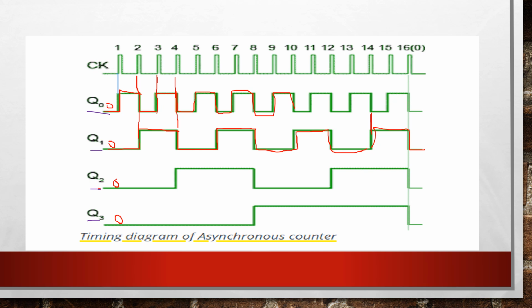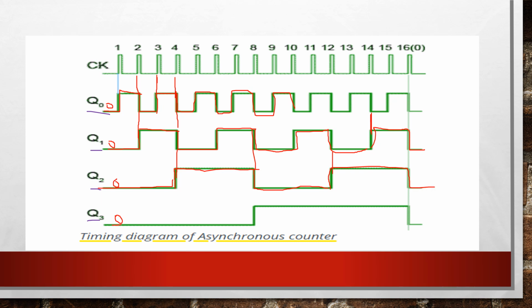Likewise, Q2. The Q2 depends on the previous Q1. So at this point of Q1, there is a change in the state of Q2. Likewise, at this edge point, there is a change of value of the Q2, that is, it changes from 1 to 0. Again, at this edge point, you can see the changes.